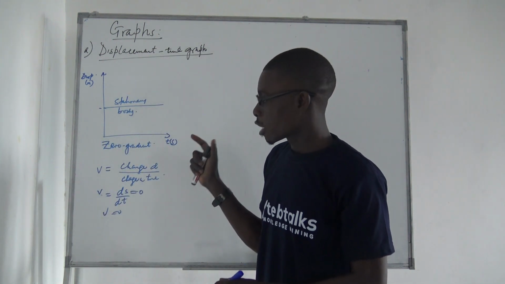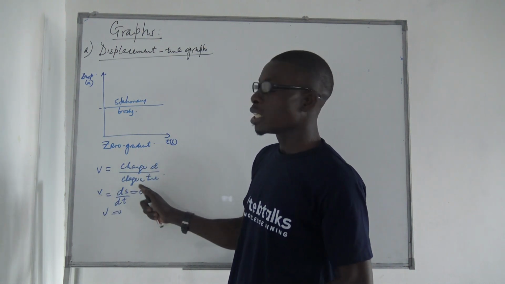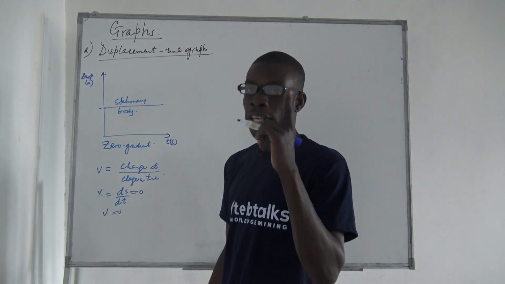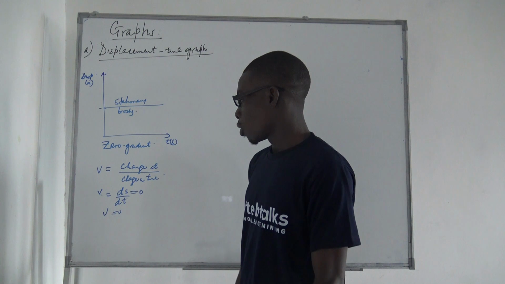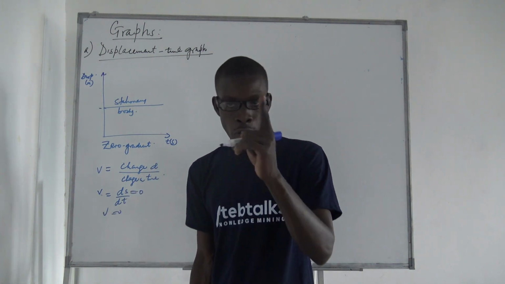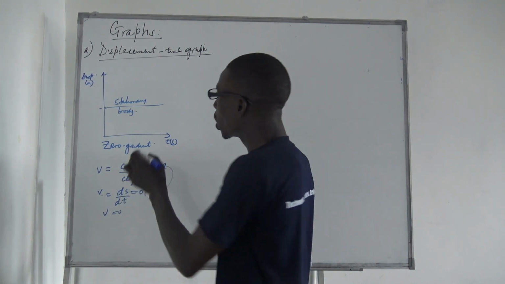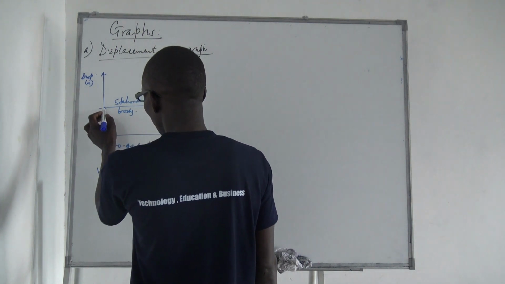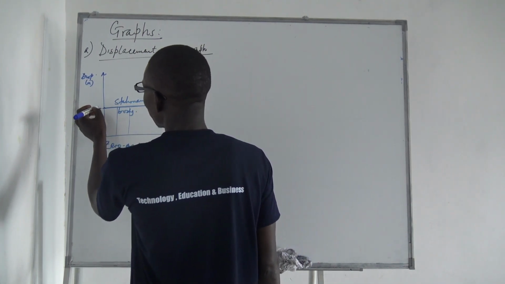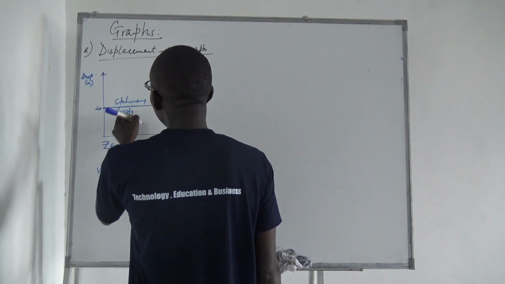Is that okay? I've explained it using the fact that velocity is the change in distance over change in time, the rate of change of displacement. If we talk about rate, we are looking at time. So we say it can be written as ds dt for smaller changes, but we still mean the same thing. If you look at this graph, this being a constant, it means that as time goes, if we had maybe some distance from the origin, it is 20 everywhere.